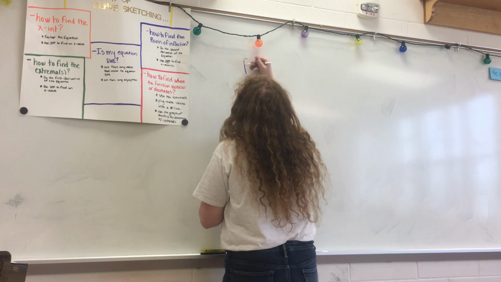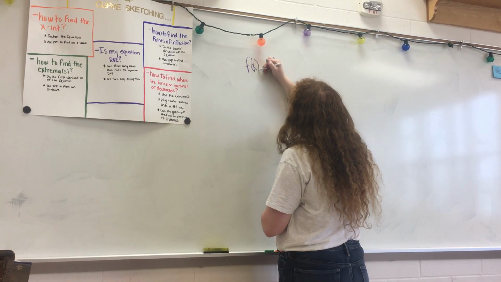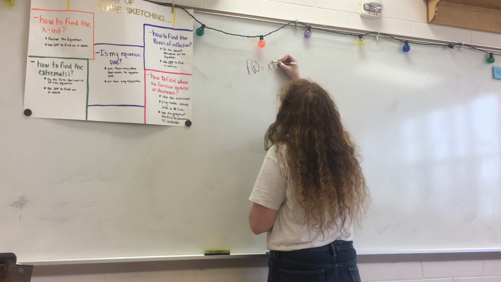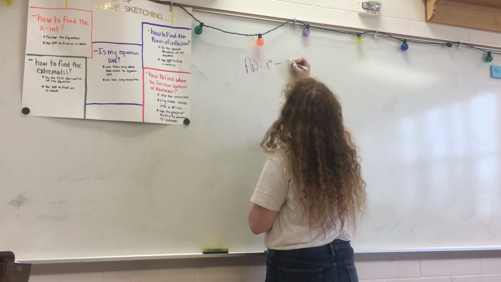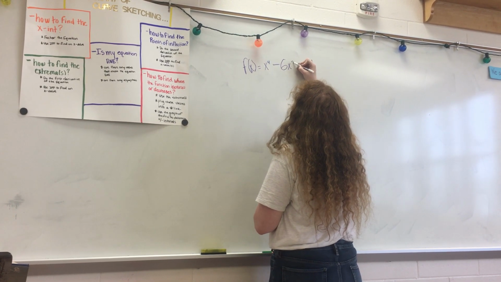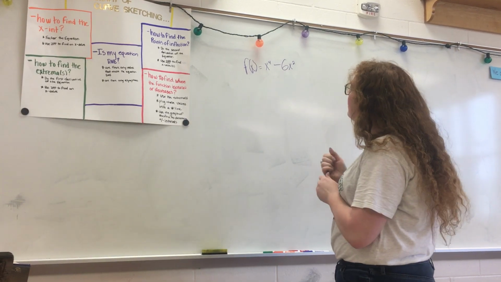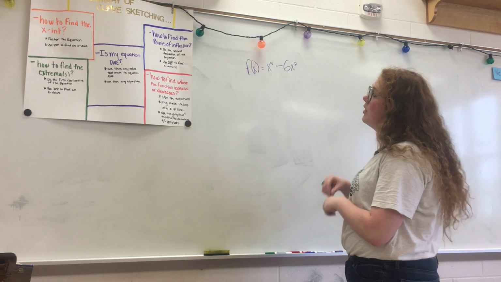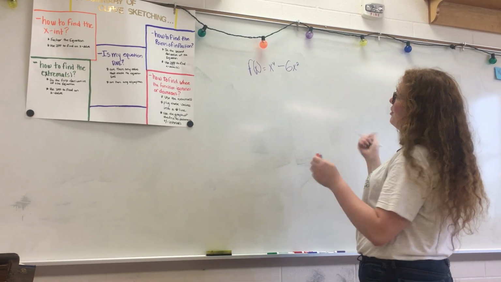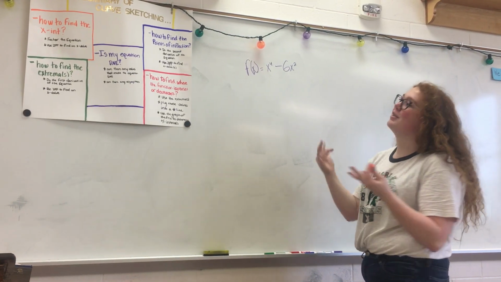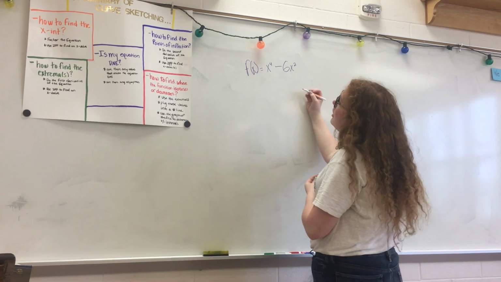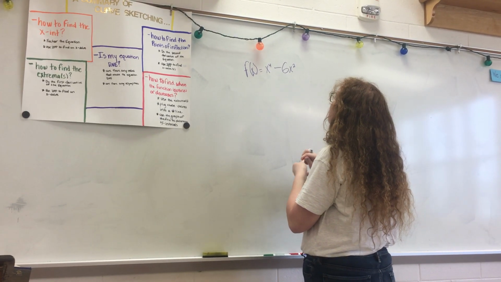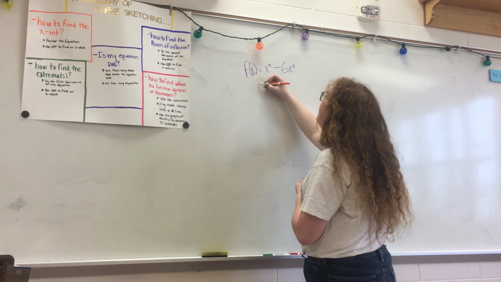Our function is going to be f of x equals x to the fourth minus 6x squared. Alrighty, so the first thing we're going to do is find the x-intercepts. As you can see, I'm using an orange marker in order to color code it for you guys so you know what's going on. As it says over there, we're going to factor the equation. So I see here that I have an x squared, x to the fourth.